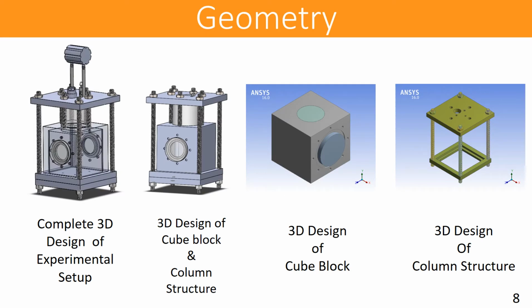For the geometry, as can be seen in the slide, at the very left side there is a complete 3D design of the experimental setup, and right next to it is the 3D design of the cube block and column structure. Right next to that is the 3D design of the cube block, and at the very right of the slide we can see the 3D design of the column structure.